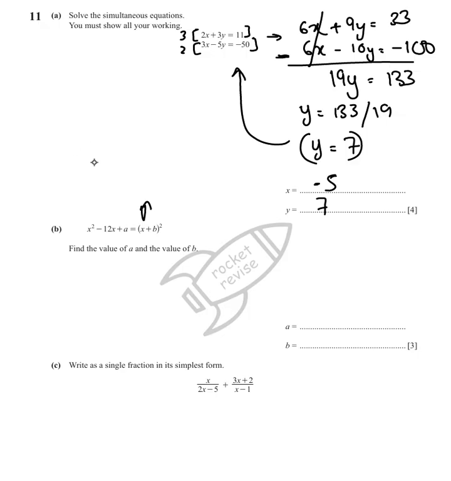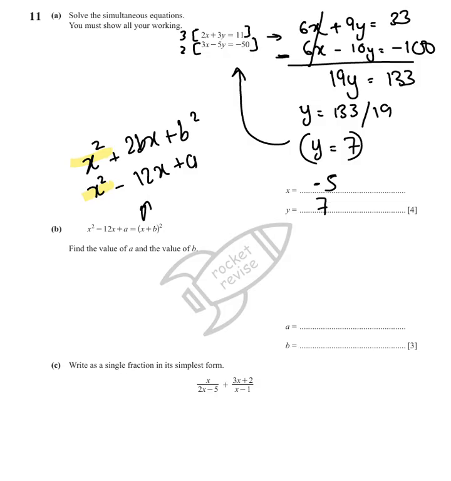Expand this bracket. This is a big strategy. x squared plus 2bx plus b squared. And now compare the coefficients. Minus 12x plus a. x squared and x squared remain the same.